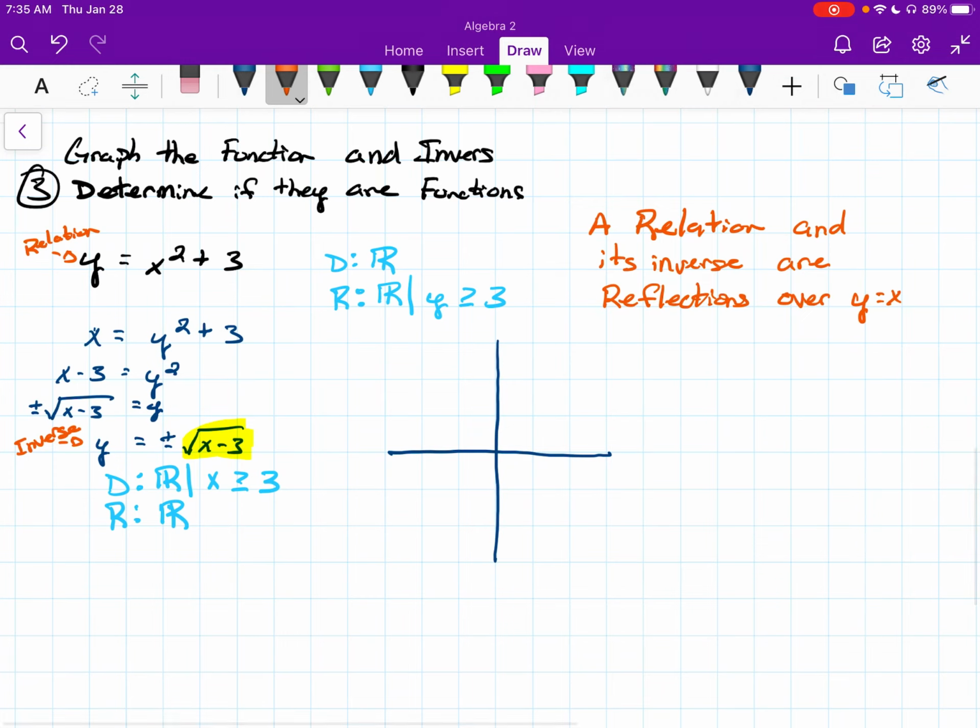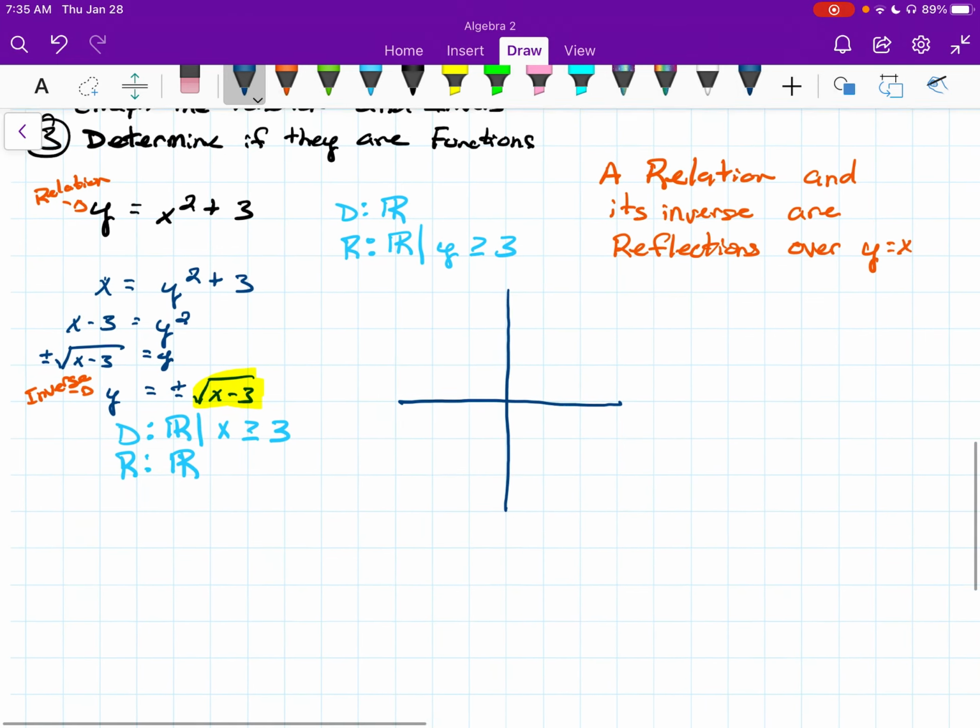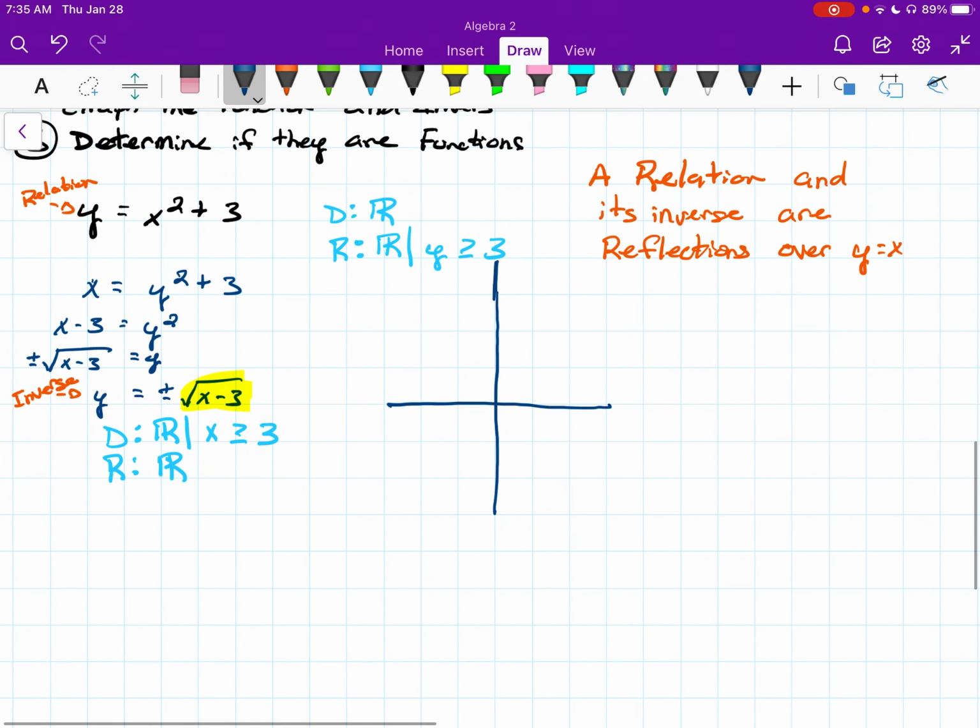You've probably done reflections over y equals x before, and we're going to end up using that idea, right? Because the parabola there, the original relation, is really easy to graph. The root function, at least I think, is harder for me to think about how to graph it. So here, I probably need to extend this just a little bit more. We'll extend it to there.